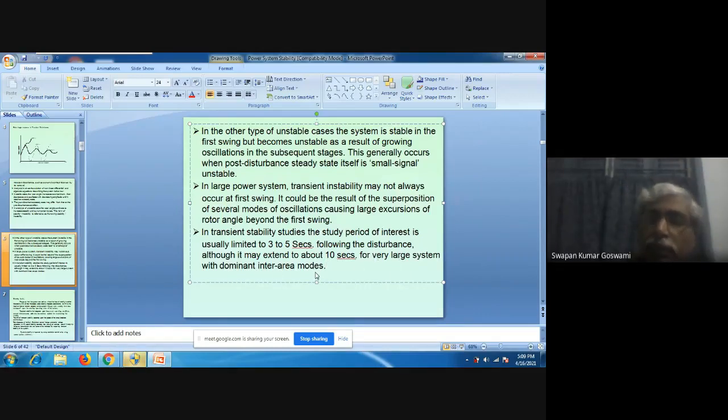That means where the inter-area oscillation between this area and that area is rather strong, because these oscillations may cause impact on the stability of another generator that is again under swing because of some other disturbances.